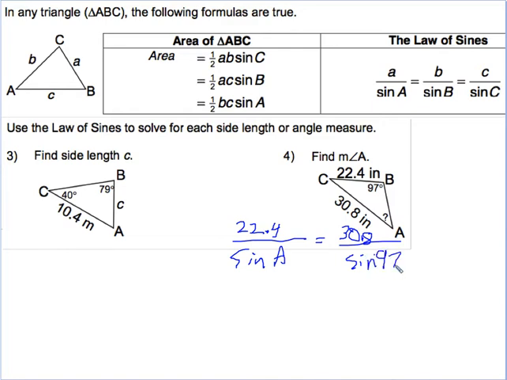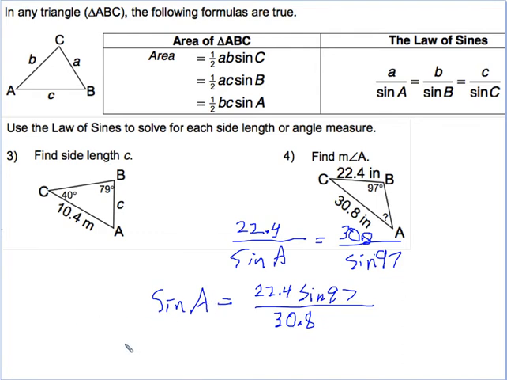I'm going to cross multiply and divide. I ended up with sine A is equal to 22.4 times the sine of 97, and then divided by 30.8. If I cross multiply and divide, that's what I end up getting.